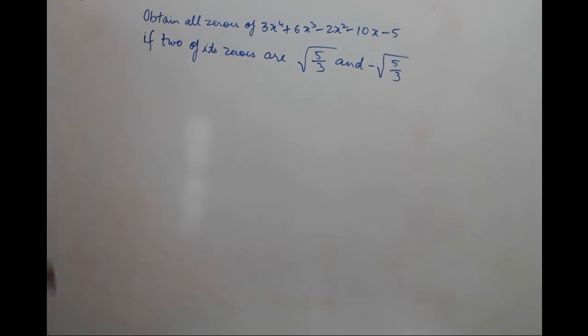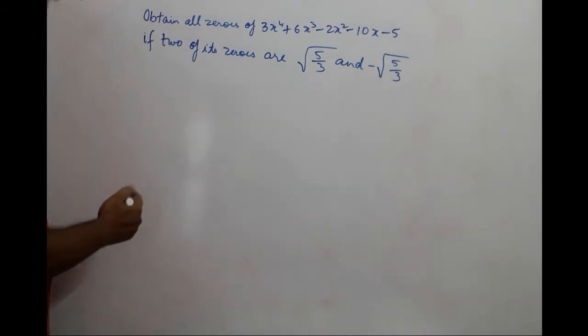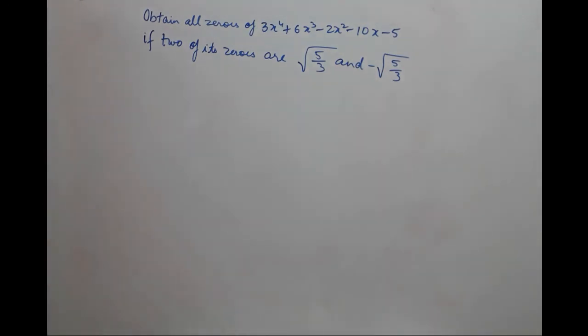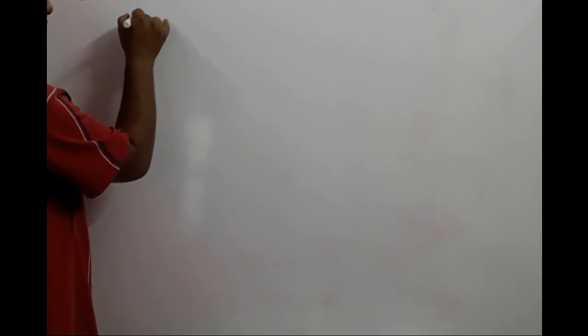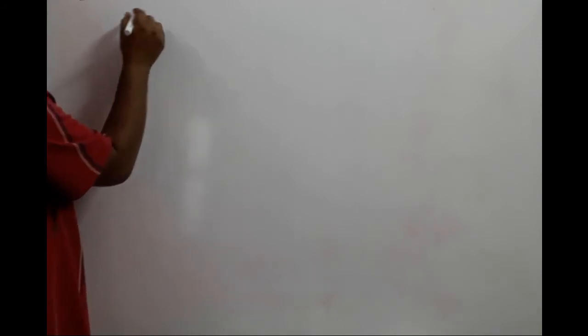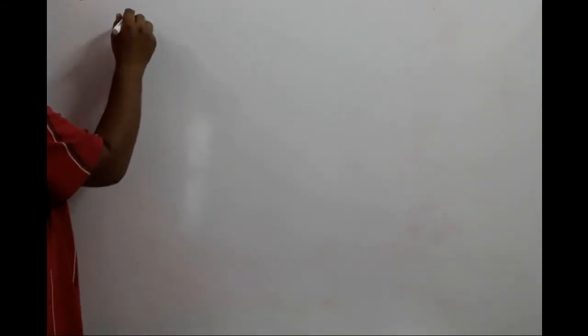Okay, so we will put it down as: since 2 zeros, since this is the sign for since, upside down of therefore.